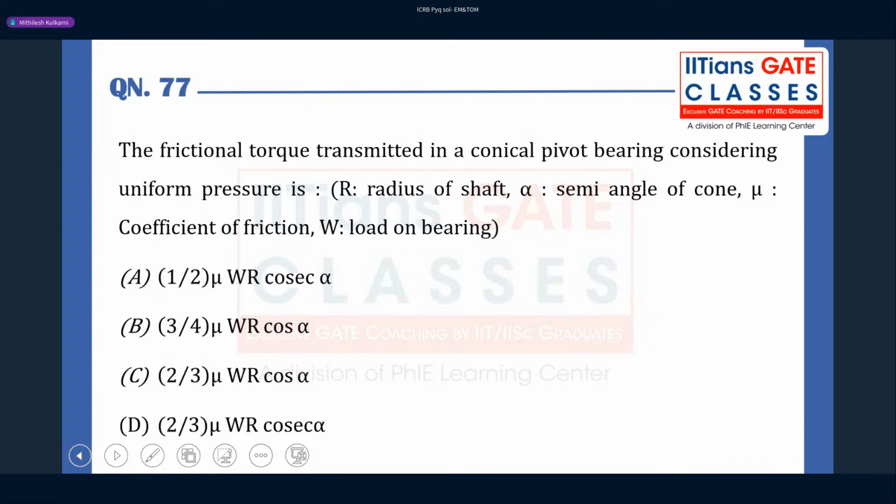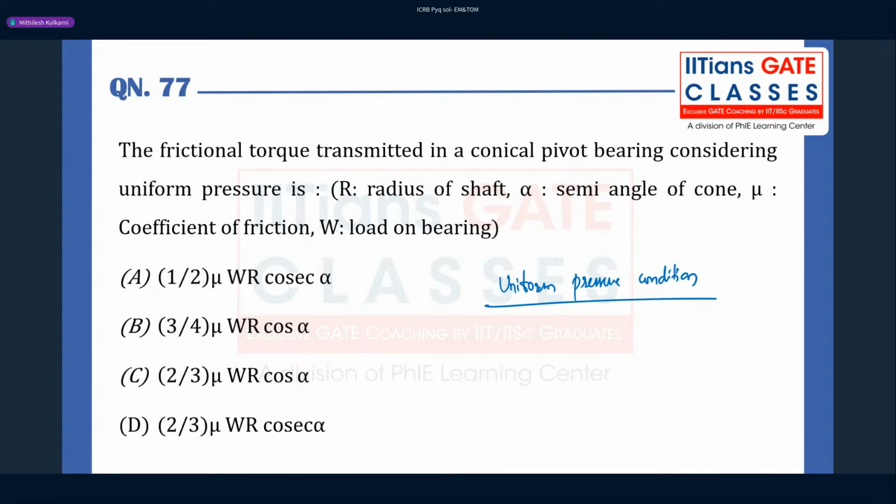So if we have the uniform pressure condition, in case of uniform pressure condition, we know that the torque is given by 2 mu W into r naught cube minus ri cube divided by 3 times r naught square minus ri square.